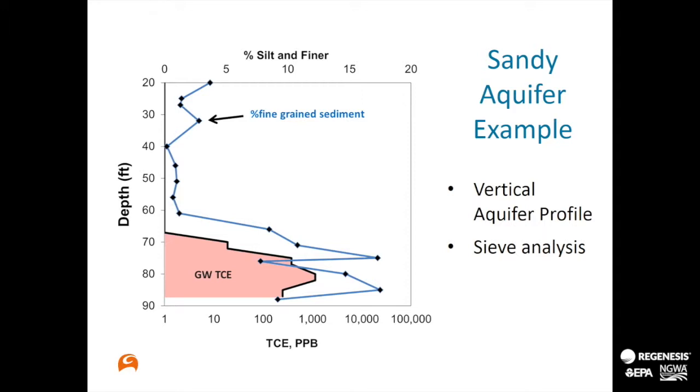We can start driving the flow of water or reagents vertically through this zone and make some progress driving this stuff out, because it's not a massive clay body. But our suggestion is that we look for this type of scenario at our sites, particularly our large plume sites where we're running over long distances.